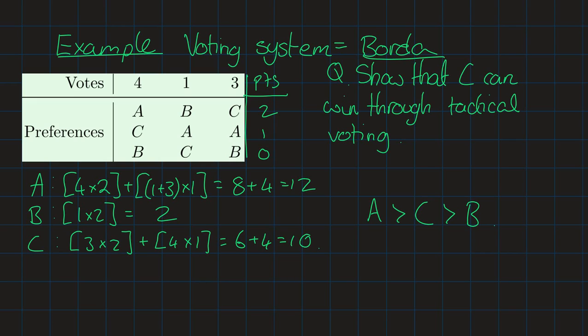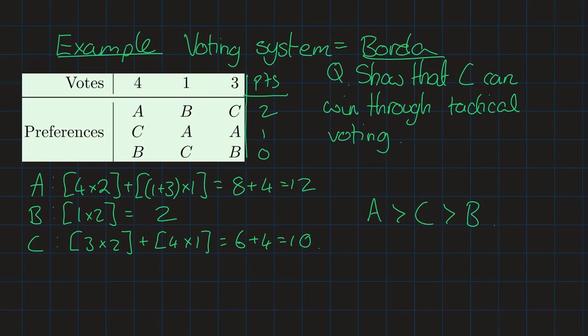Okay? And now you're trying to think, okay, so how can you tactically vote so that C wins? Well, if you consider these three voters here, they want C to win. A is actually their second best choice. But notice that by listing A in second place, they actually give A 3 times 1 points.